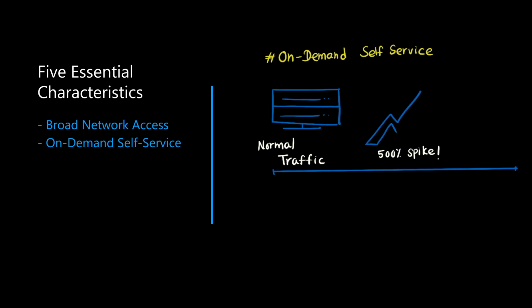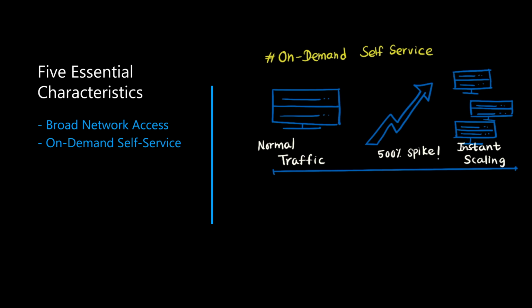In a traditional IT environment, you'd be scrambling to order new servers, wait for delivery, configure them, and hope you can handle the load before customers get frustrated and leave. But with on-demand self-service, you can scale your compute and storage resources in real time, with just a few clicks or even automatically, without any human intervention from your cloud provider. The resources are provisioned instantly, allowing you to meet demand exactly when you need it.